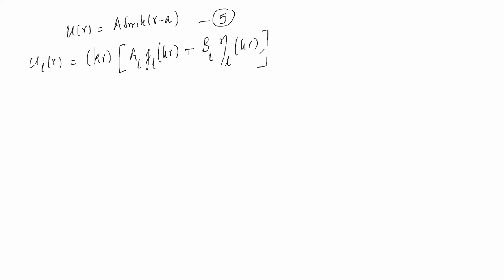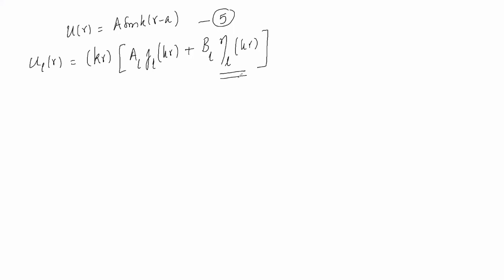Okay. Now on the last day, we argued that this guy, the Neumann function, should vanish because the Neumann function blows up at r equal to 0. Now today we are talking about a sphere of radius a, and that means we are unable to reach r equal to 0.